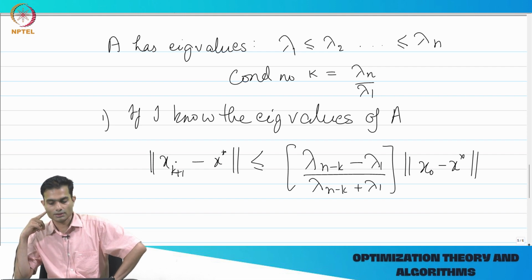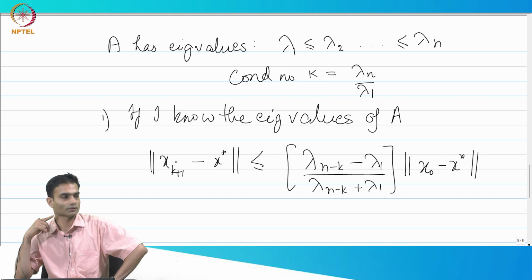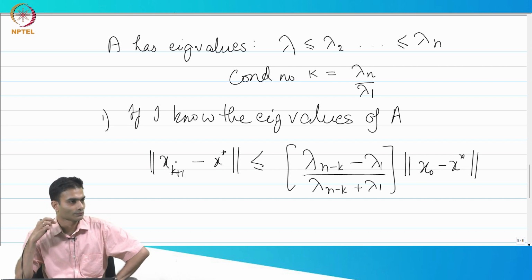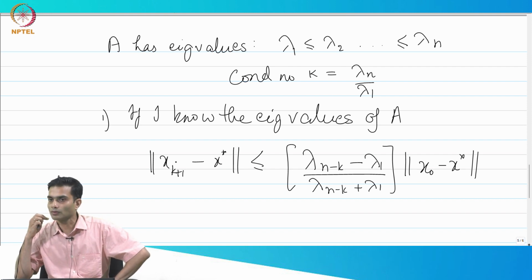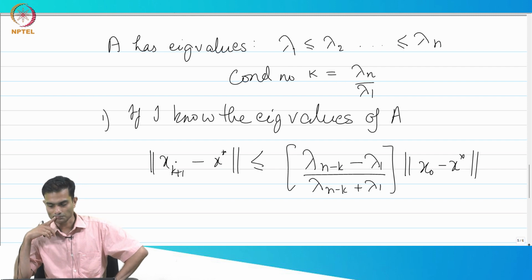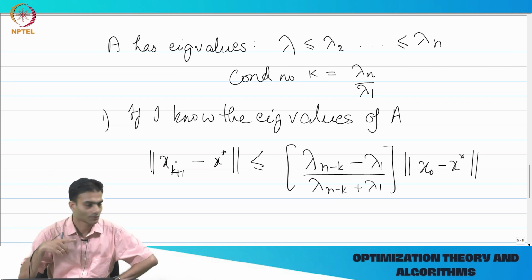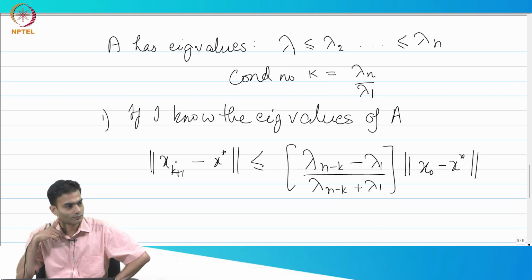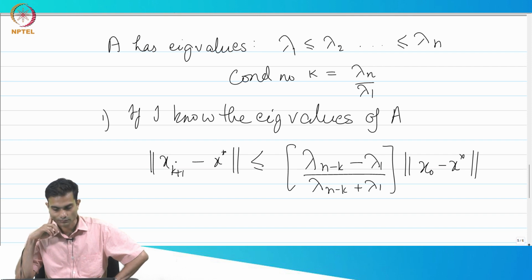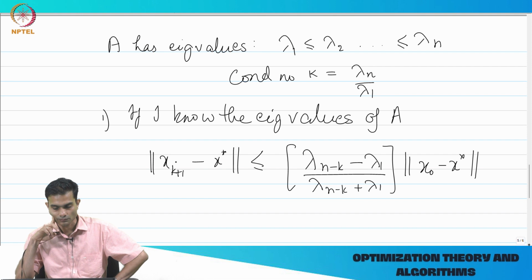What will happen to the rate of convergence?